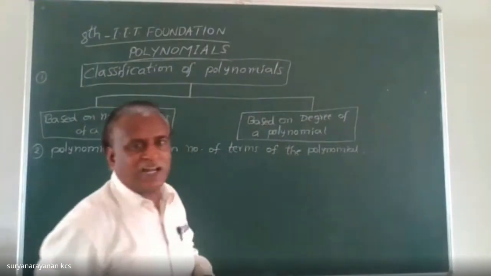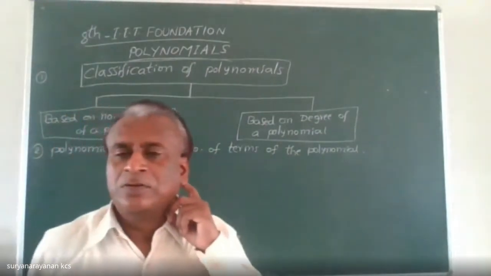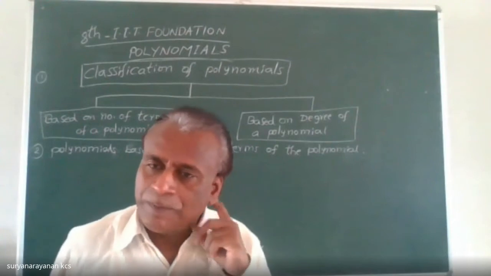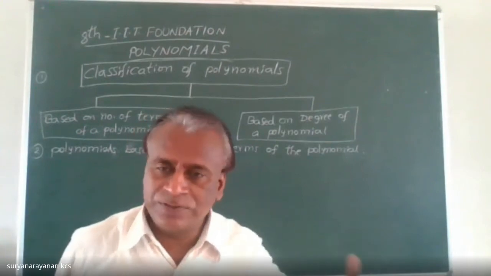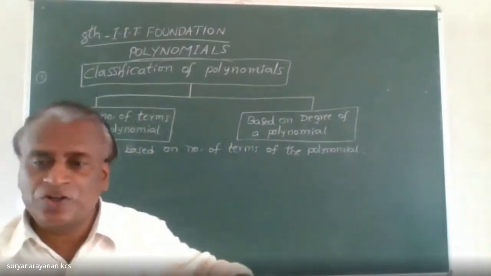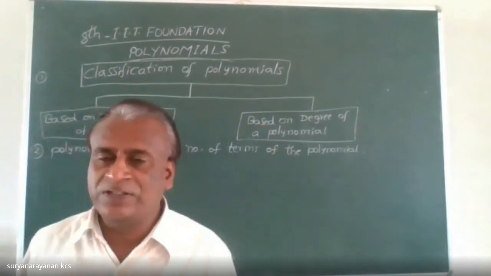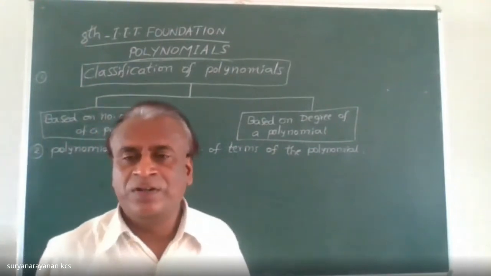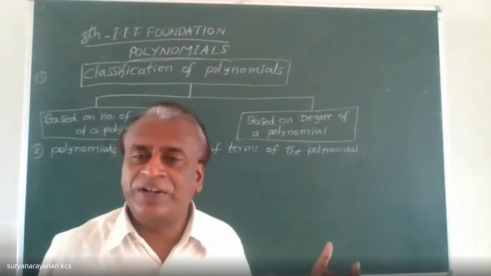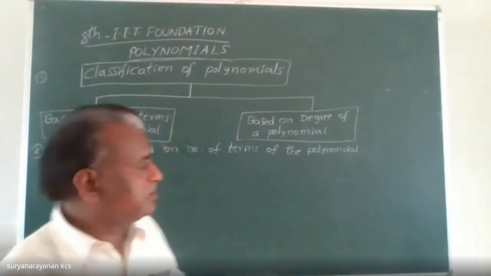This is the first classification. Polynomials based on number of terms of the polynomial. How many terms are there? Based on that, we give different names to the polynomials.